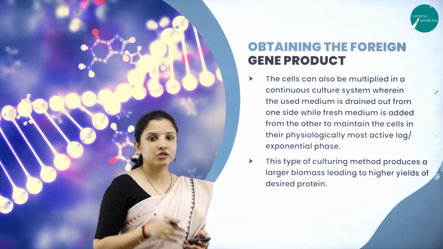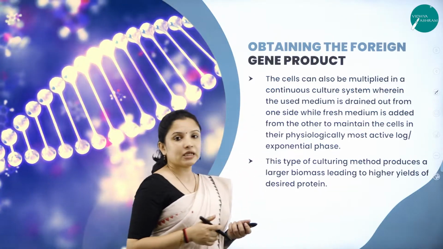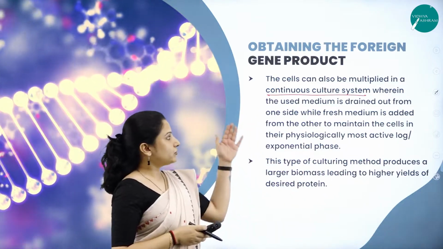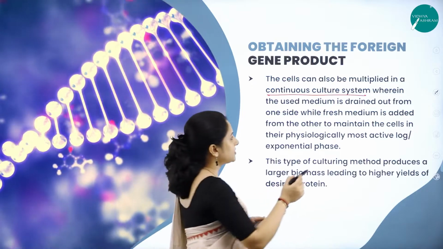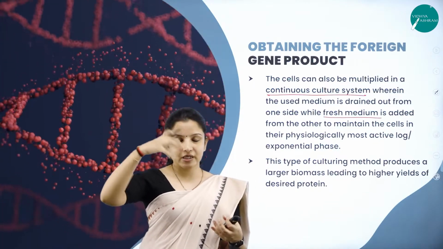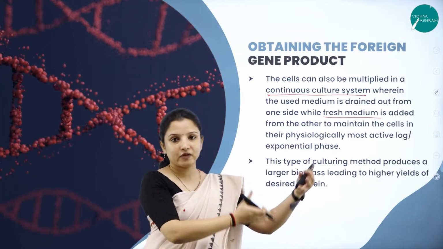And these cells which have been isolated from the host can also be multiplied in a continuous culture system, wherein the used medium is drained out from one side while the fresh medium is added. So they use a culture system wherein the fresh medium is added and the medium from which the cells are separated is drained out.